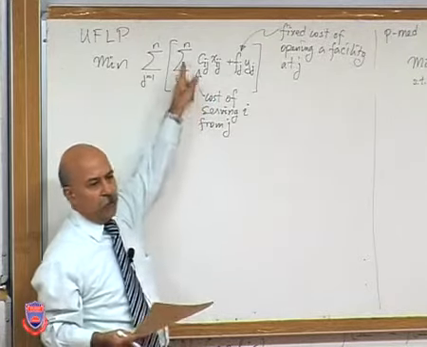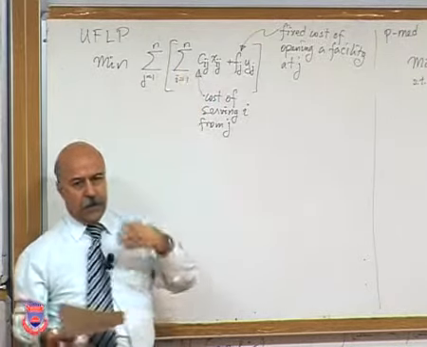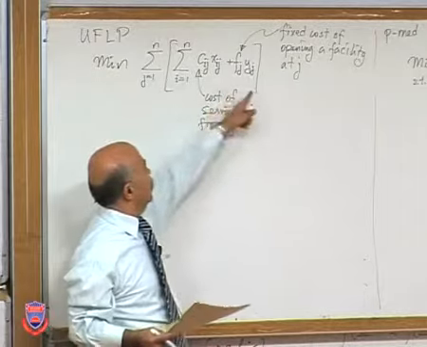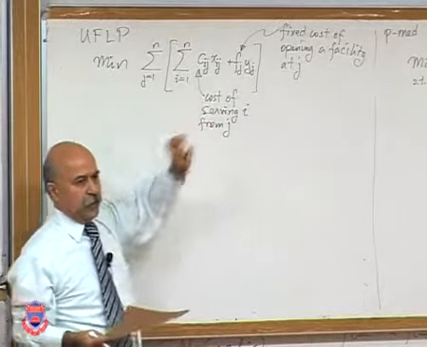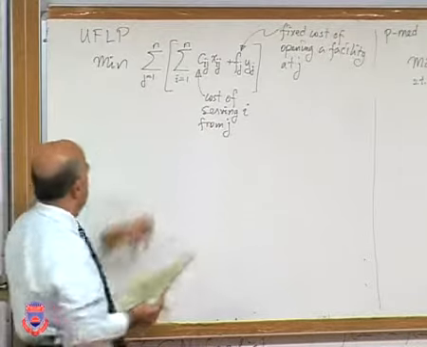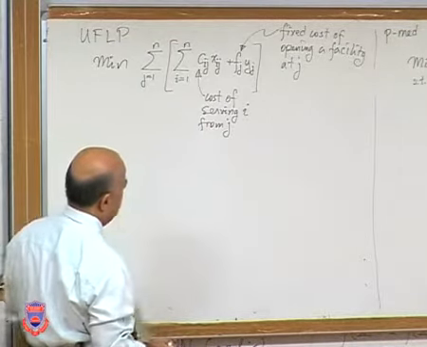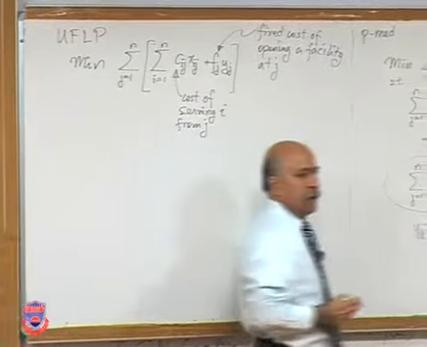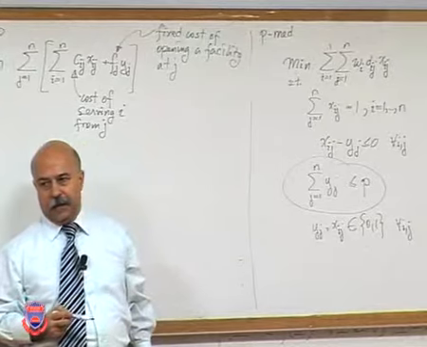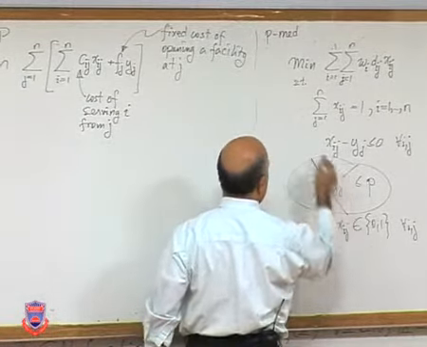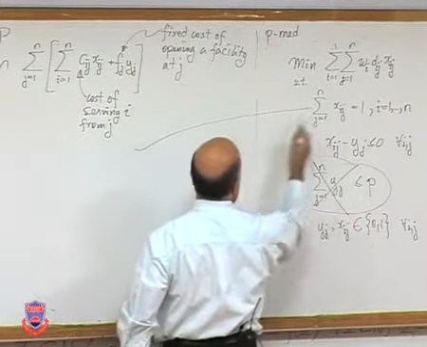You sum that over all possible demands. That's the transportation cost associated with a facility at location j. So the term in the brackets would be the cost of having a facility at location j, and you sum that subject to the same constraints, except that this one is not in. You don't have it. So except for this constraint, you've got all the other constraints.